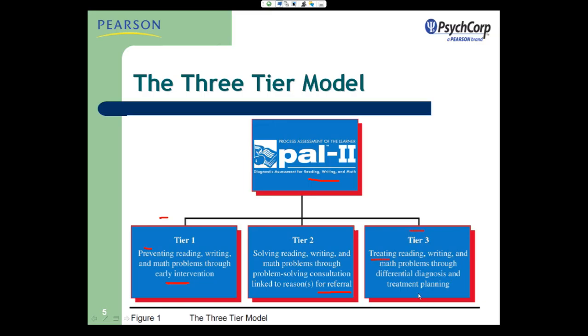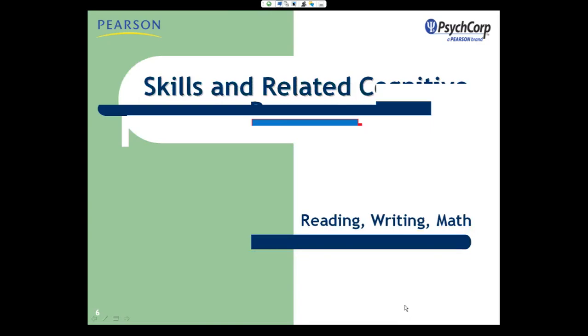In this case, we want to make sure that our treatment planning is based on differential diagnosis. So, for example, if an individual is struggling with comprehension because of a weakness in vocabulary, the intervention is going to be different than that for a student who is struggling with comprehension because he or she cannot name the words. So we'll talk about that differential diagnosis.